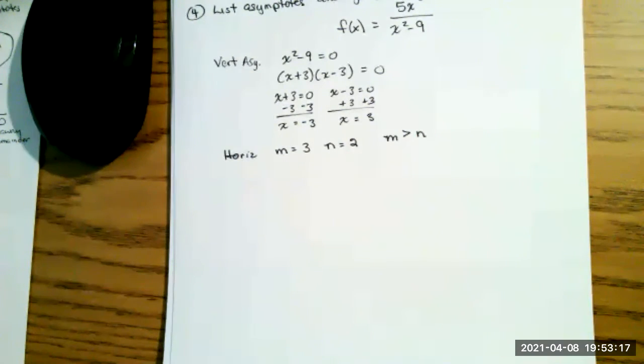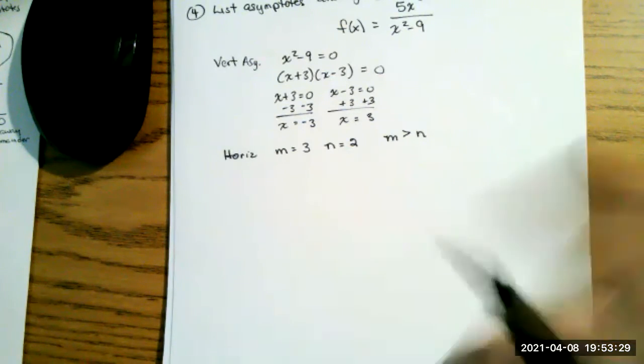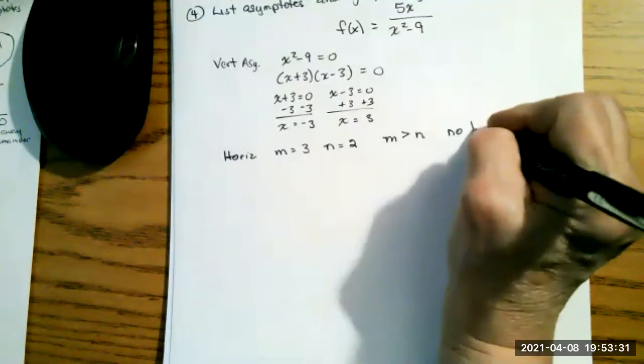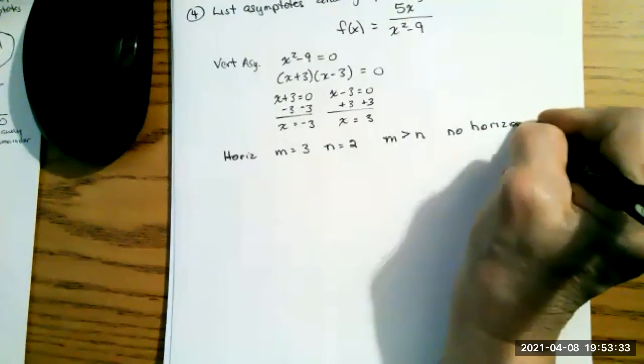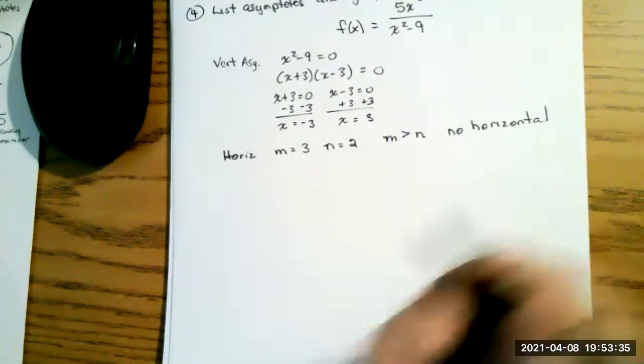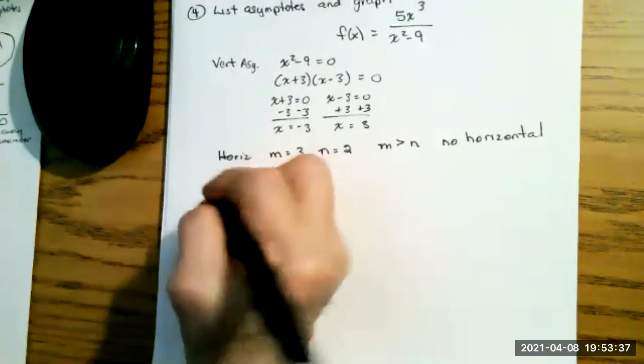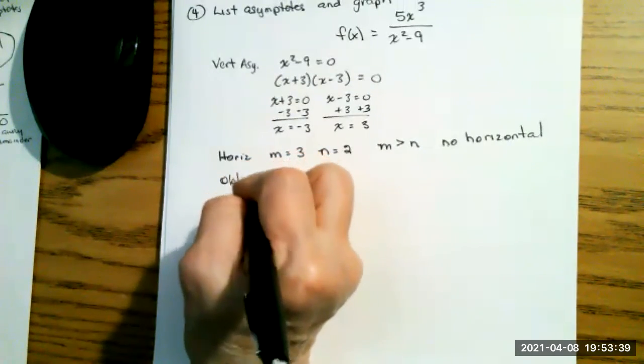Oh, hold on, let me flip my pages here. There's no horizontal. That's why you asked me. So yeah, we have an oblique one now. So let's go to oblique.